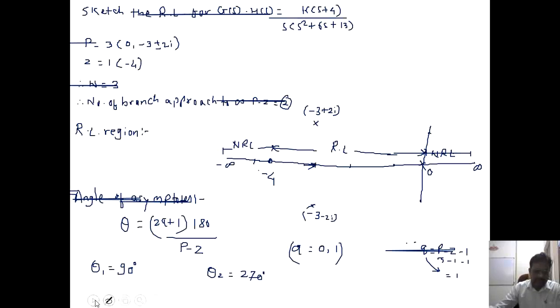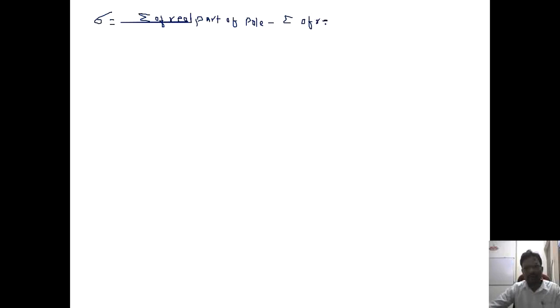Now the next step is the location of the asymptotes, that is the centroid, and the formula for the centroid is the summation of the real part of poles minus the summation of the real part of zeros, divided by p minus z.